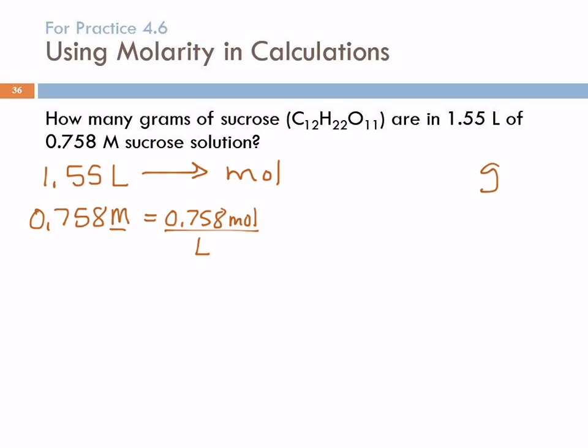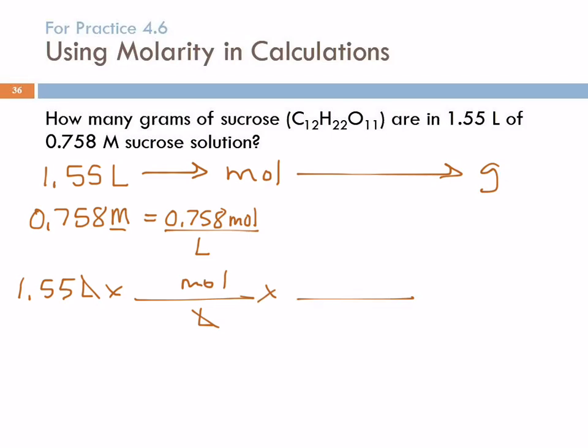Could we go from moles to grams? Sure, we've done that a bunch of times now. So there's my path. There's no formula or equation you have to memorize. It's all in the units. 1.55 liters, and I want moles here, and then liters will be on the denominator, and then here I want grams on top and moles on the bottom.